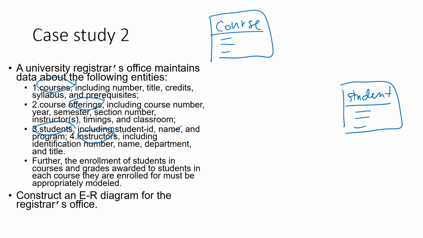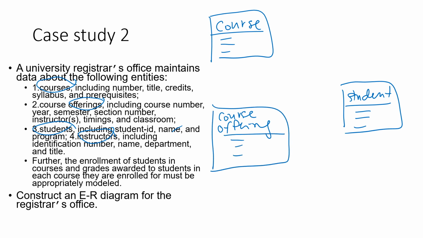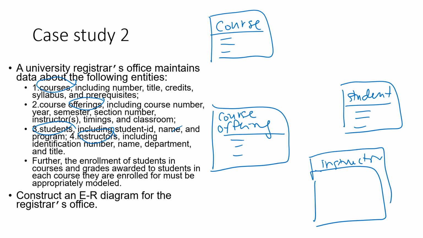Course offering includes course number, year, timings, and classroom. So this is another table, course offerings, and write down the attributes given. And finally, the instructor.